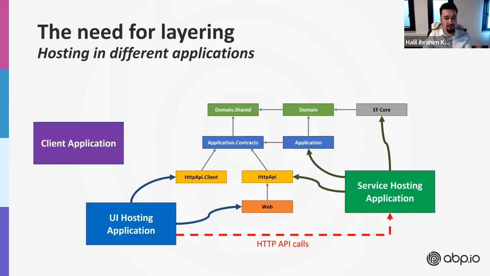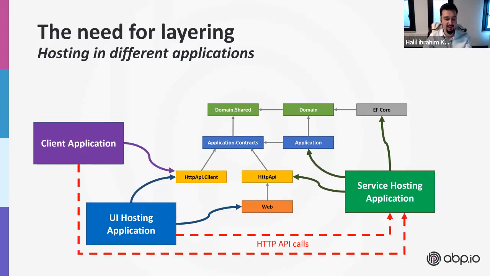If you want to use this module from another application, like a console application, or like another microservice in your system, you only need to have a reference to the HTTP API client package. In this way, you can consume the same REST APIs over the network.